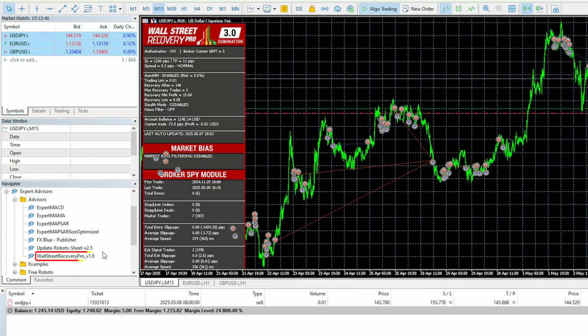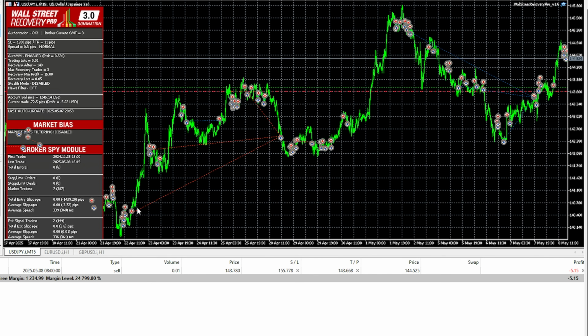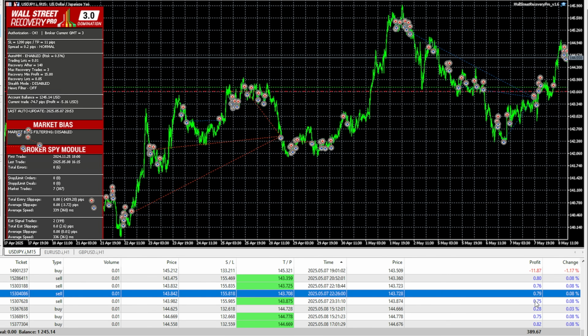And I've shown the Wall Street Recovery Pro in some of my previous videos, but what I like about this expert advisor is that it keeps trading while it's recovering a loss. So for example, here is a short trade, another short trade was added to the position, a third short trade, and they all closed on a profit, but in the meantime it kept trading up and down to bring some more profits in the accounts. And you can see that it is doing a pretty good job.